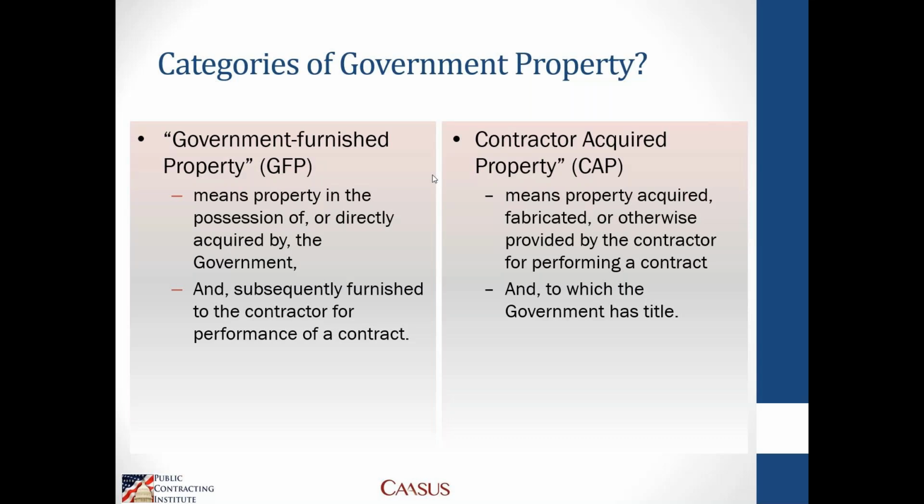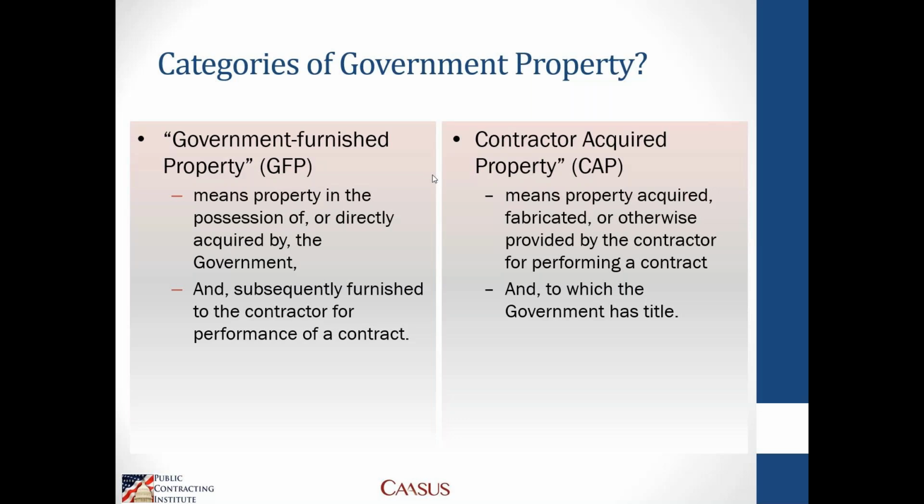It could be material, it could be equipment, special tooling, special test equipment, whatever it might be. The government gives this property to the contractor for use on a specific contract. Typically this is done without any cost to the contractor, and the contractor receives the property and then is a steward of the property that's furnished to it.